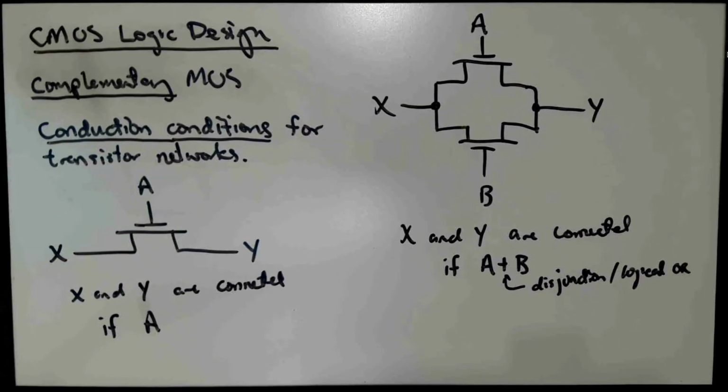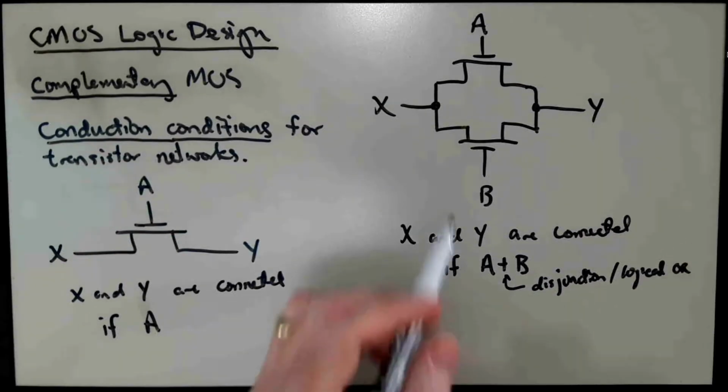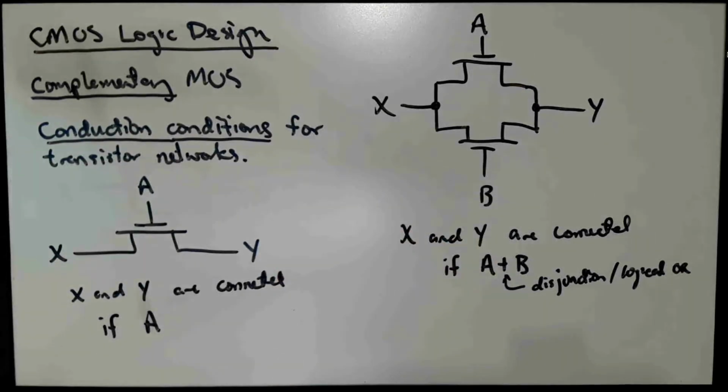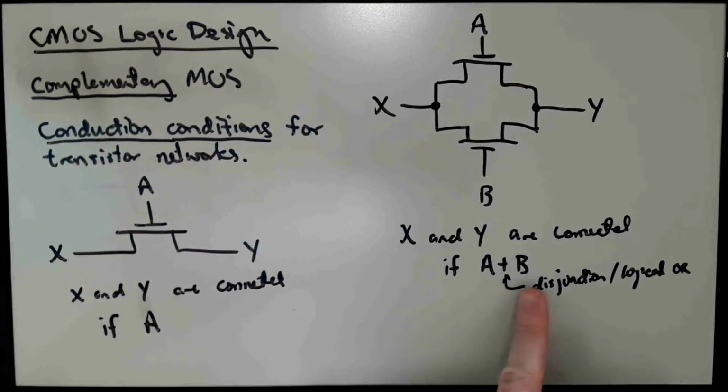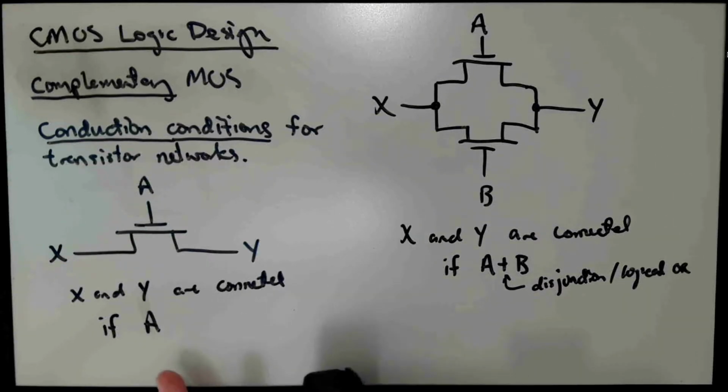Okay, so the parallel configuration corresponds here to disjunction. So A or B would be the conduction condition for this configuration, two NMOS transistors in parallel. And for this particular configuration of a single NMOS transistor, the conduction condition is just A. Okay, it's a Boolean condition, the truth of which corresponds to conduction in the network of switches or transistors.